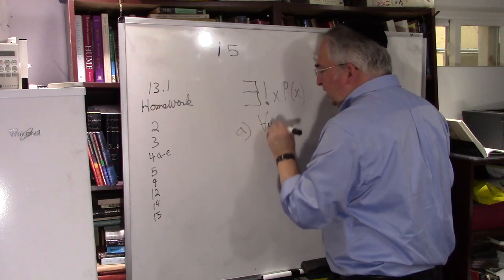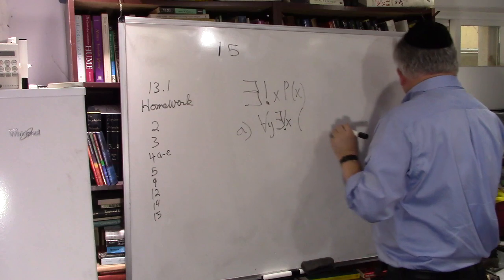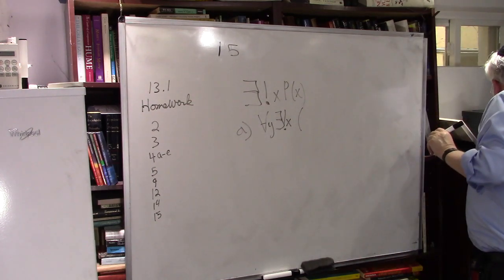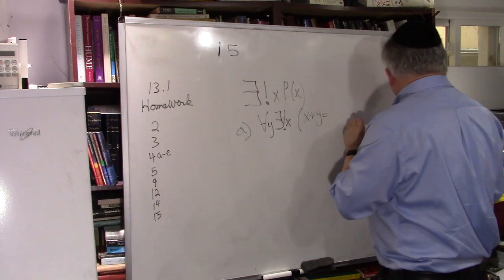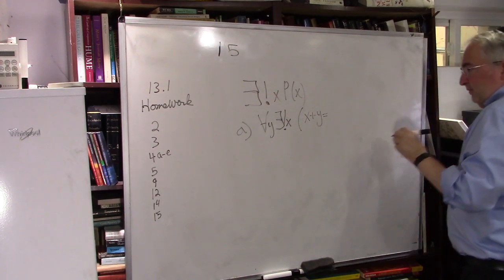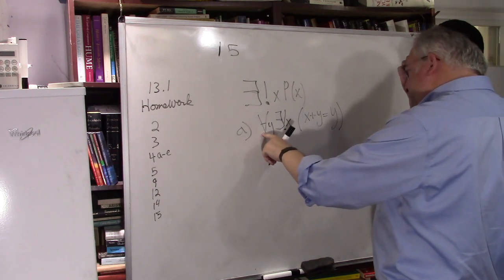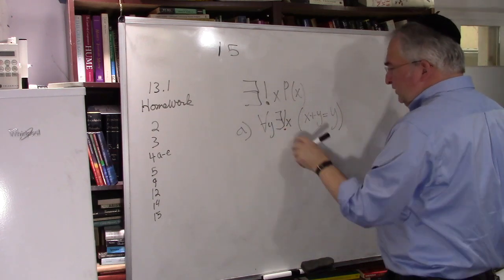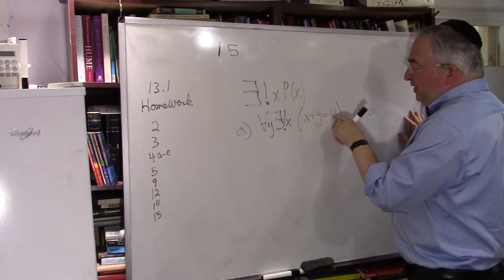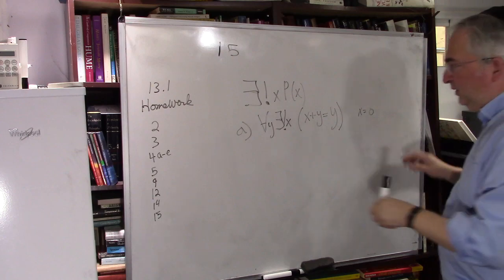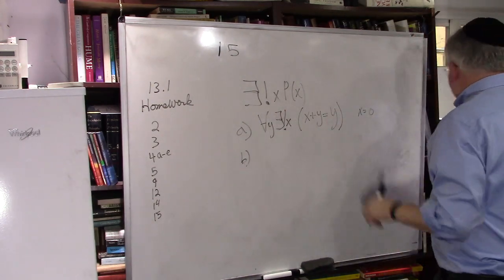For all y, there exists a unique x such that x plus y is equal to y. For any y, there's a unique x, and the answer is yes. This is true. x is equal to 0. 0 plus y is equal to y, no matter what you do. And that's the only number that would do it, so the uniqueness works.